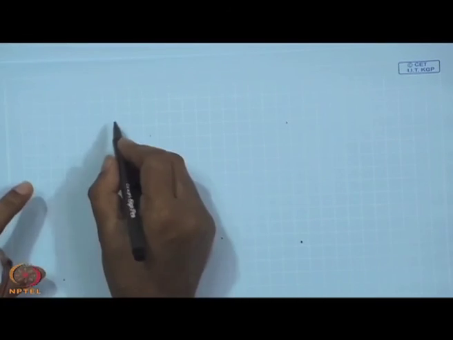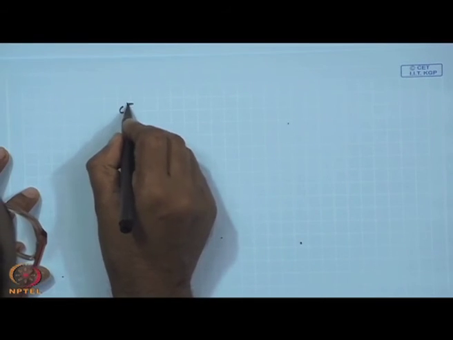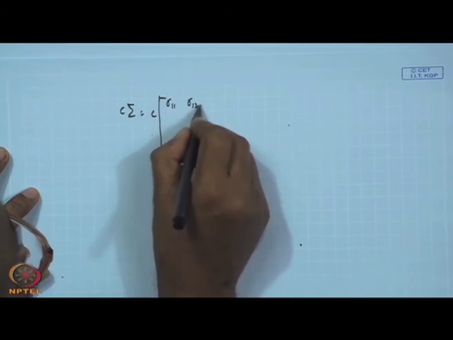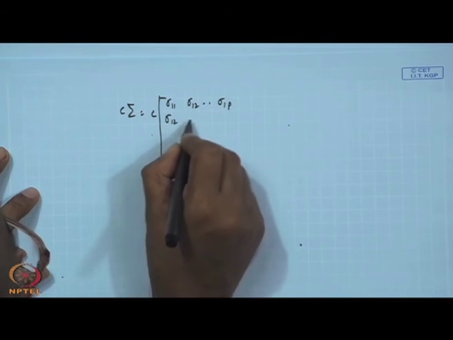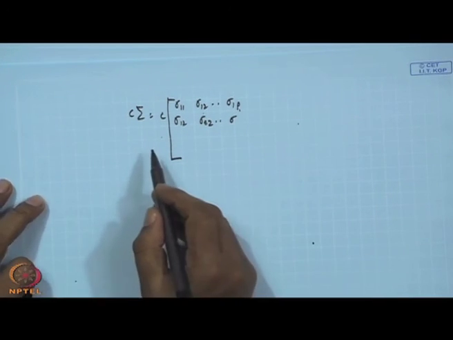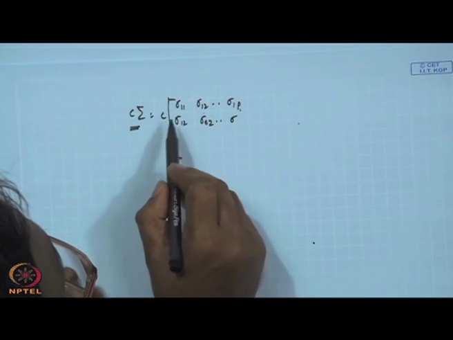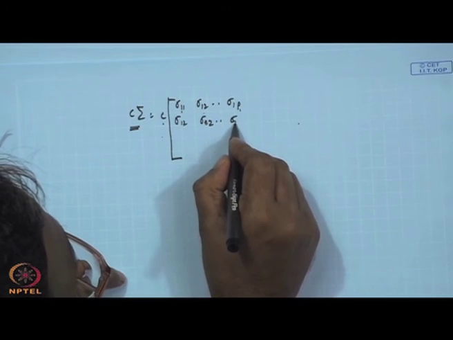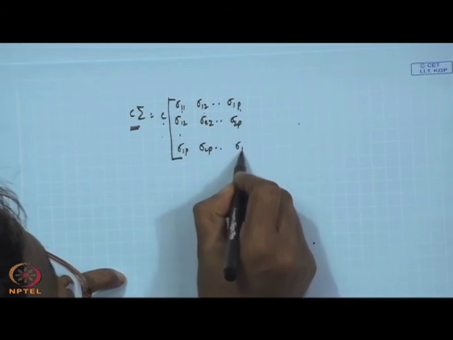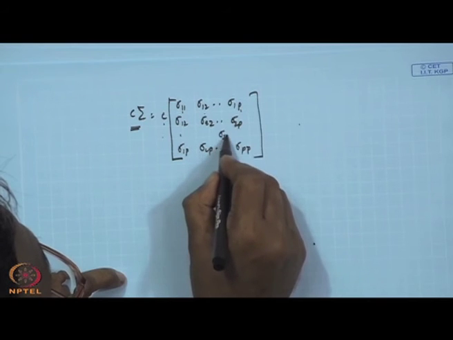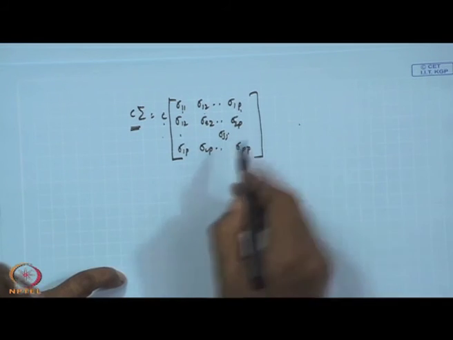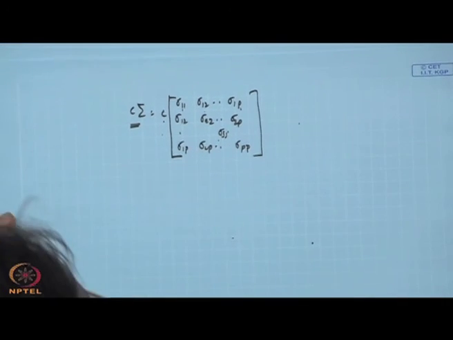The covariance C sigma is C into the matrix with sigma 11, sigma 12, up to sigma 1p, then sigma 22, up to sigma 2p, and finally sigma pp. Somewhere in between there will be sigma jj.